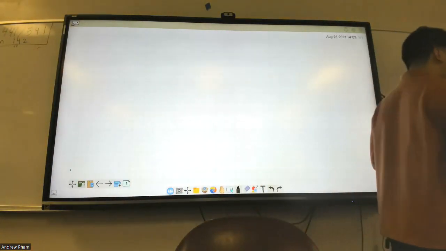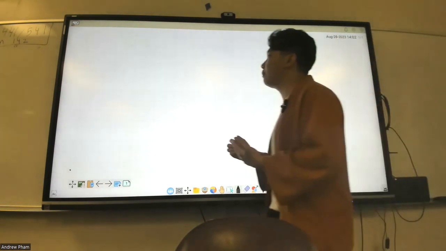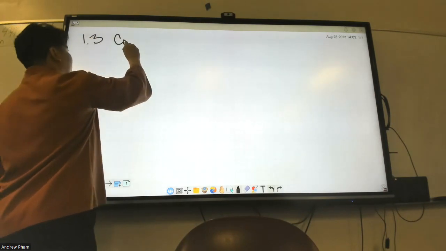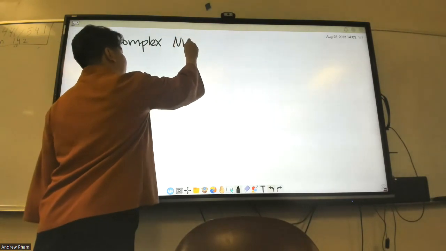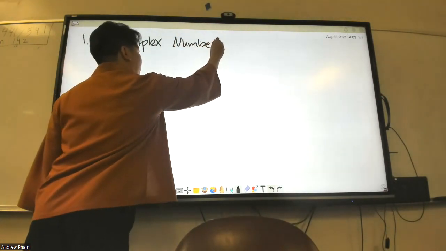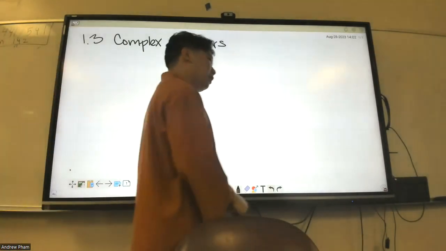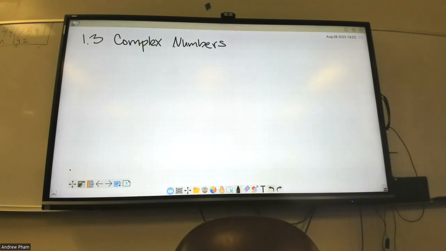The one number that we haven't talked about yet is the complex numbers. I believe this is 1.3. So we're going to introduce what is a complex number, how is it different from a real number, how is it similar to a real number.